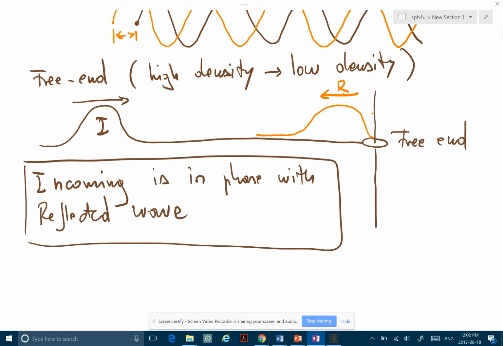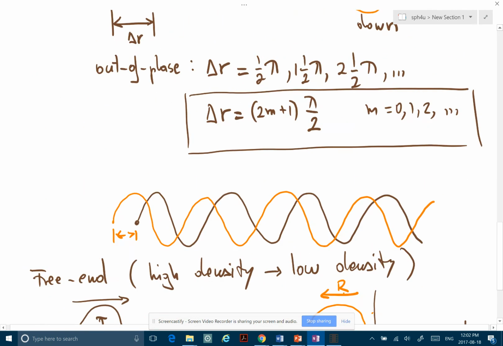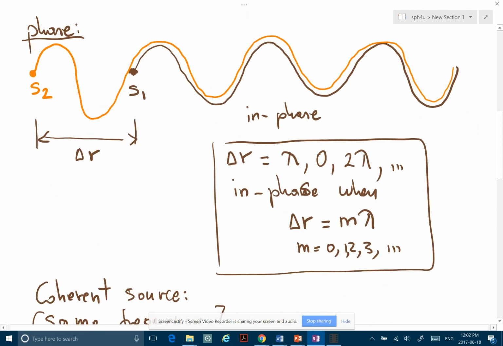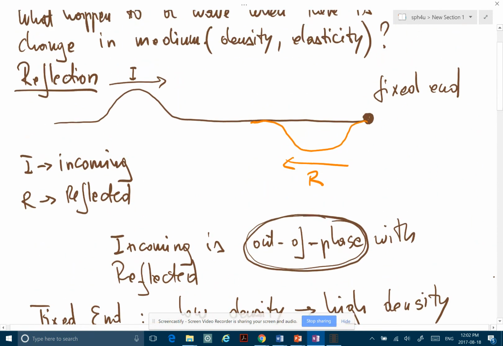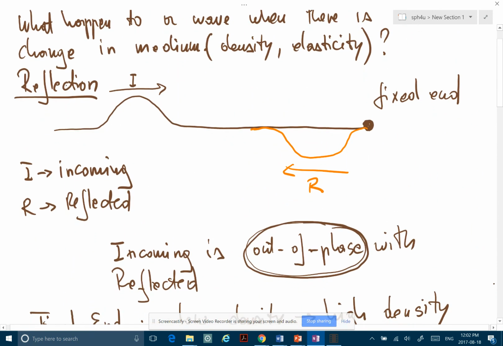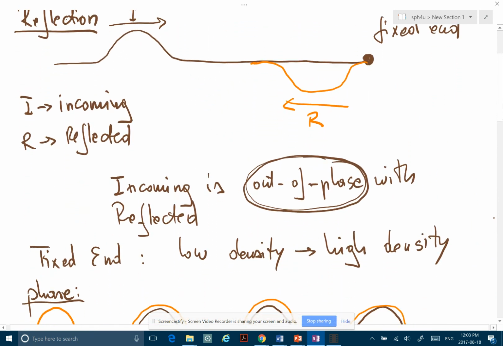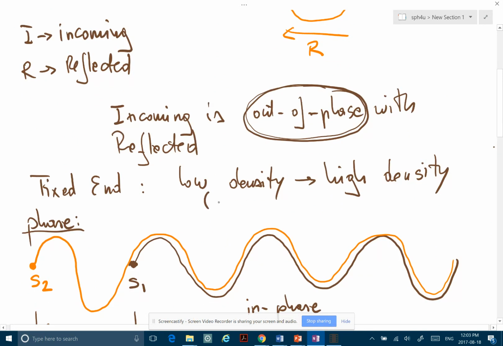There are two types again: free end and fixed end, or from low to high density and from high density to low density. So in terms of light, the first case here, fixed end, is going from low density to high density, to give an example, light going from air to glass, or to water, or to oil.